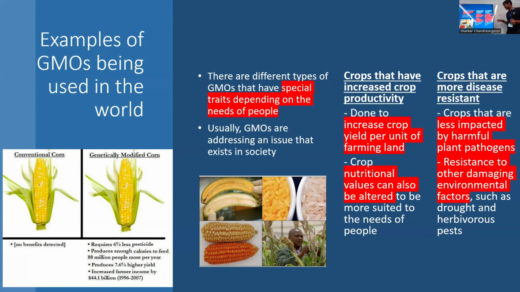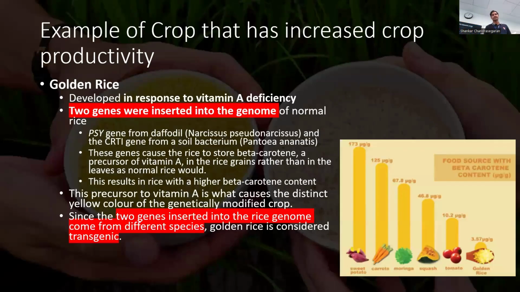We can also make them resistant to environmental factors like droughts and herbivorous pests and herbicide and so on. So whatever modification we do for crops specifically, it's only ever going to be for the benefit of society, right? Crop yield or disease resistance or making sure it is producing a certain nutrient.